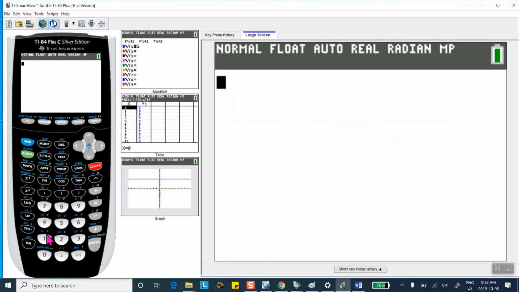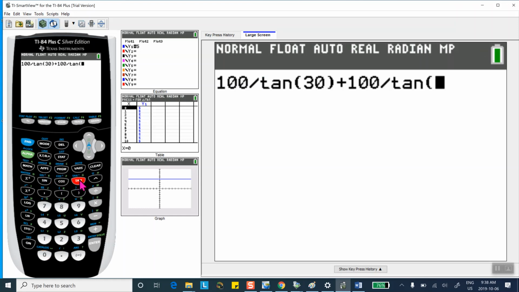So we go 100 divided by tangent of 30 degrees, close it, plus 100 divided by tangent of 60 degrees.